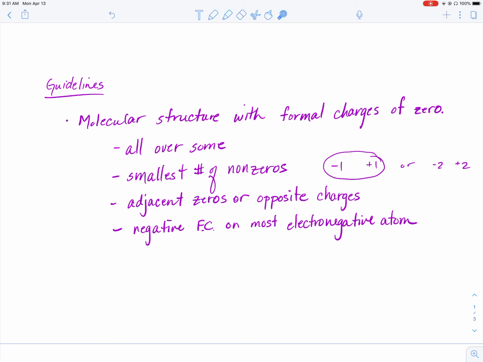And this one's saying that if you have a formal charge that's negative, put that on your most electronegative atom. And again, we're pulling back in that electronegativity periodic trend. So go back and look at that particular figure so that you can have those values as a guide.